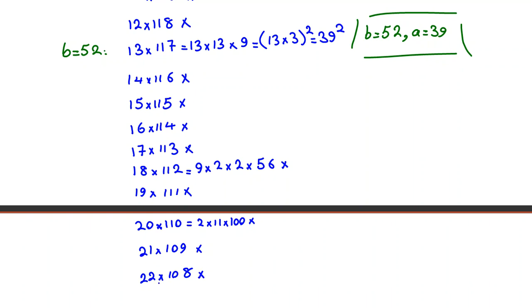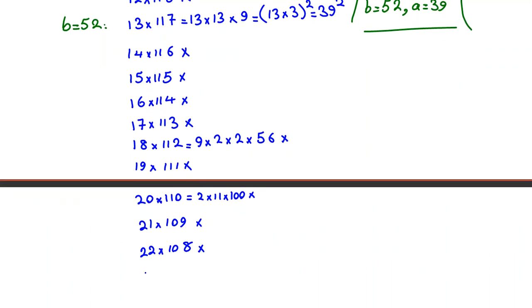And you can continue. Now I want to say that here B will be less than A. Why? Because for example, for the next case, if A squared is 23 times 107, okay? Let's see, B will be what? 52, 51, 50, 49, 48, 47, 46, 45, 44, 43, 42.